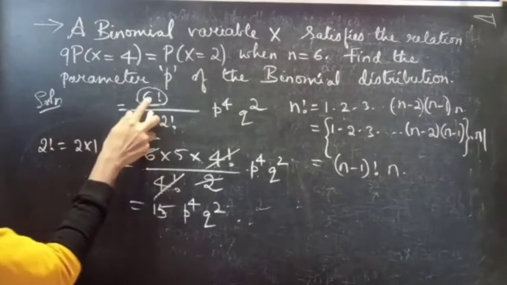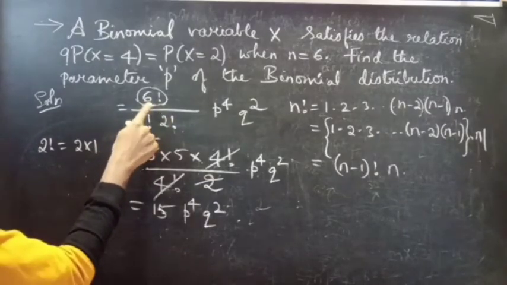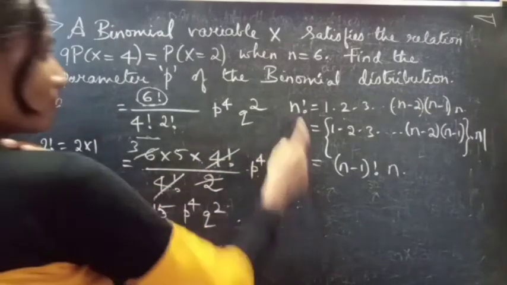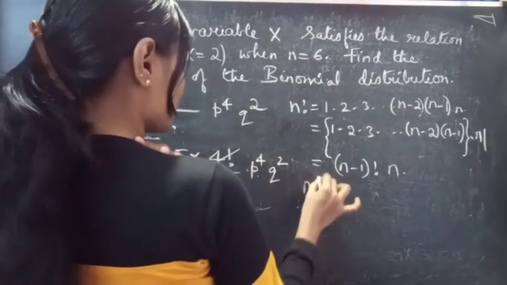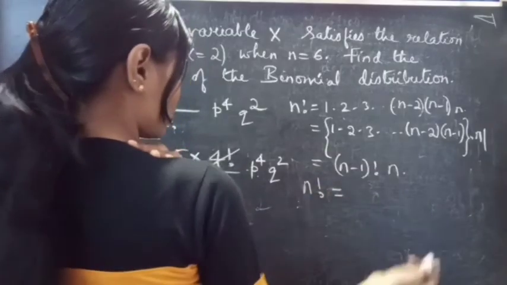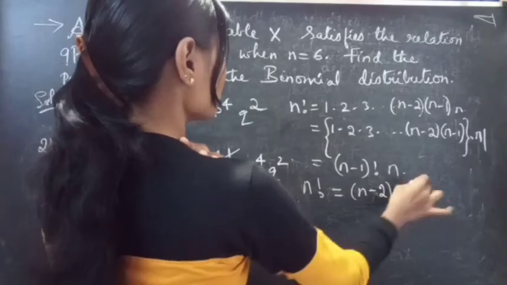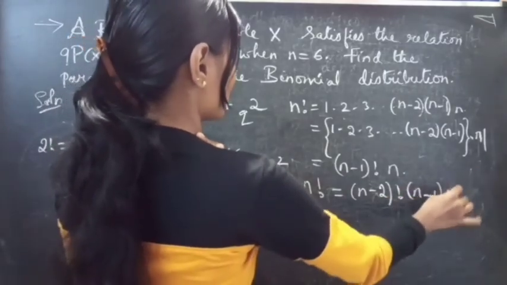Simply, you have to reduce the 6 factorial to 4 factorial using this formula. That is, n factorial can be written as n minus 2 factorial into n minus 1 into n.